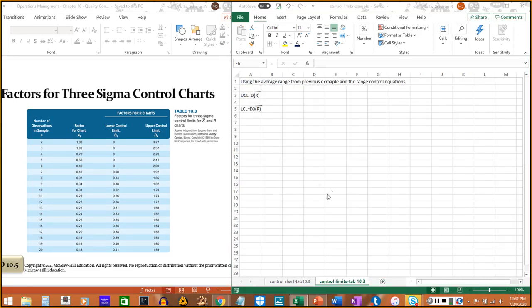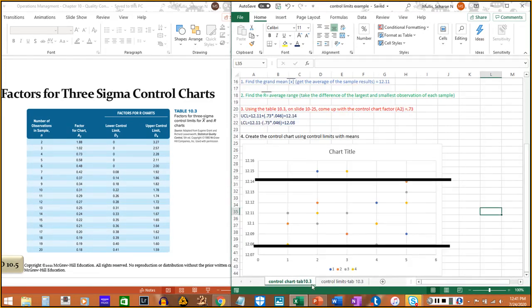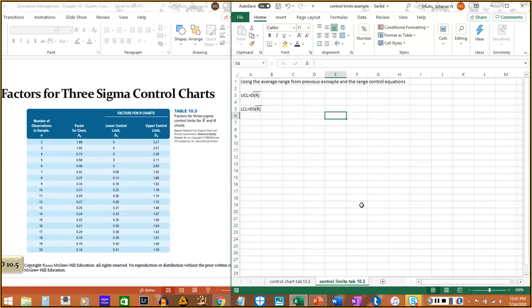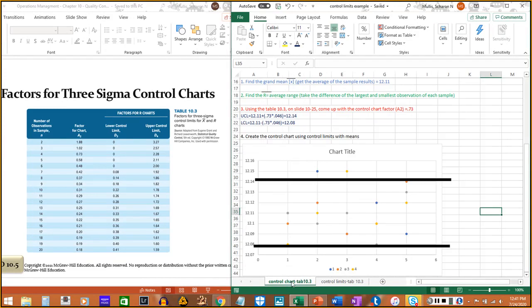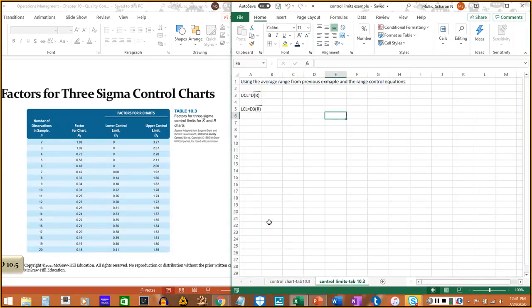Alright, so the next thing we can do with the information that we got from the control limits is come up with control limits from the control chart. The equation for the upper control limit is equal to D3, or is it D?